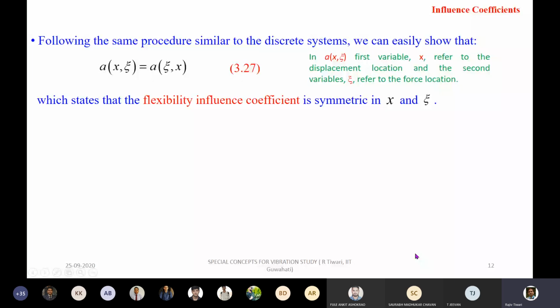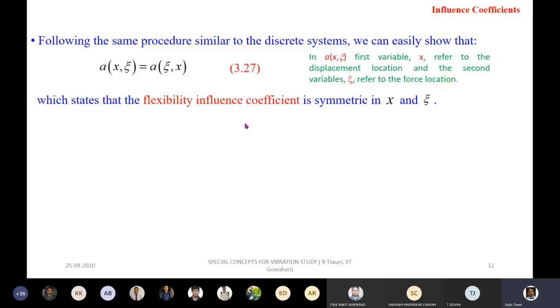And here, as we had in the discrete system, we'll also have the symmetry, in the sense that the location of the displacement and the force can be interchanged. If we apply force at xi location and measure the displacement at x location, that will be the same as if we apply the same force at x location and measure the displacement at the xi location. So this symmetry prevails in this flexibility influence function also, as we had in the coefficient case.